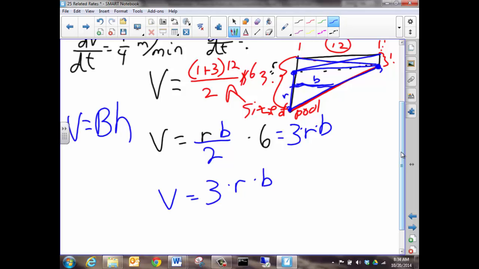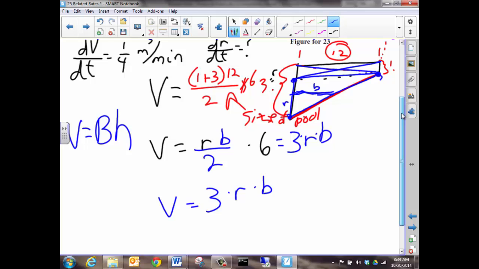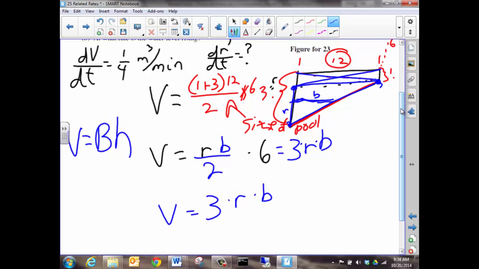We could say R squared plus B squared equals this squared. Yeah? But what does that do? That adds another variable in there for us, doesn't it? So that relationship exists, but I don't think it necessarily helps us here. Can we find theta? Yes, but what does that do? Add another variable in there. Is there a relationship between R and B?